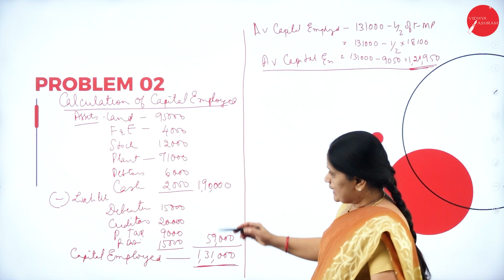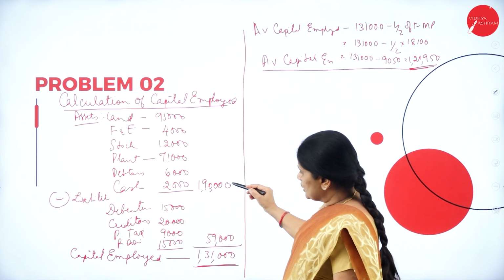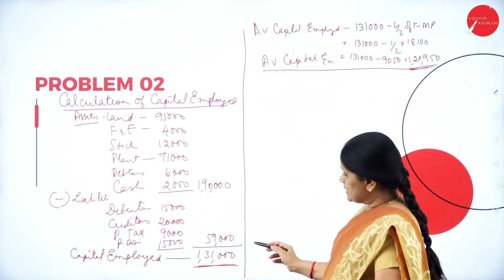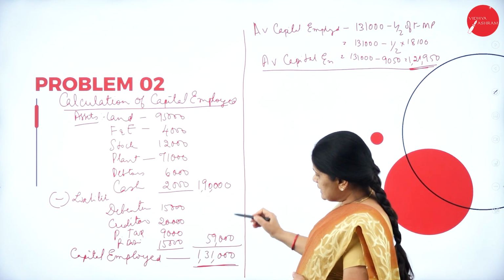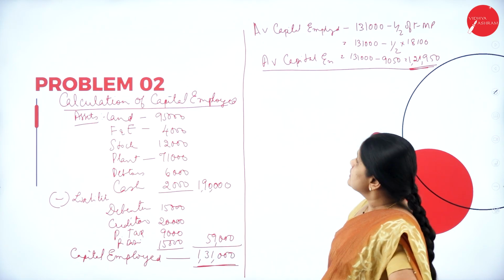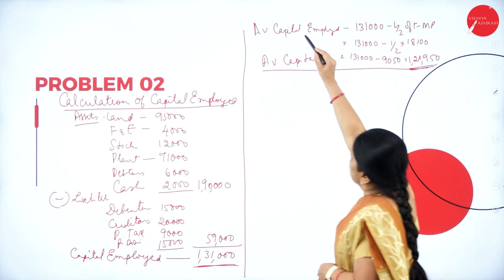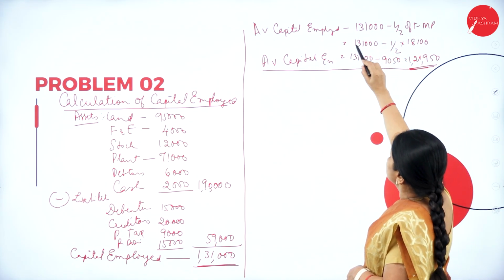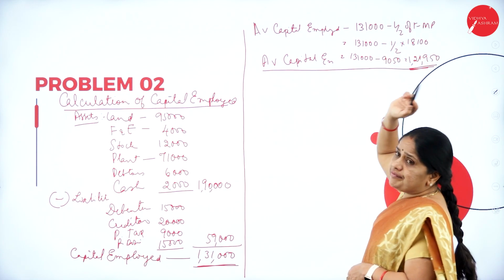So I'll just explain here. The total of the assets is 1,90,000. The total of liabilities comes up to 59,000. So assets minus liabilities, I get 1,31,000. Now, in order to calculate the average capital employed, I have to deduct from this capital employed half of the FMP.